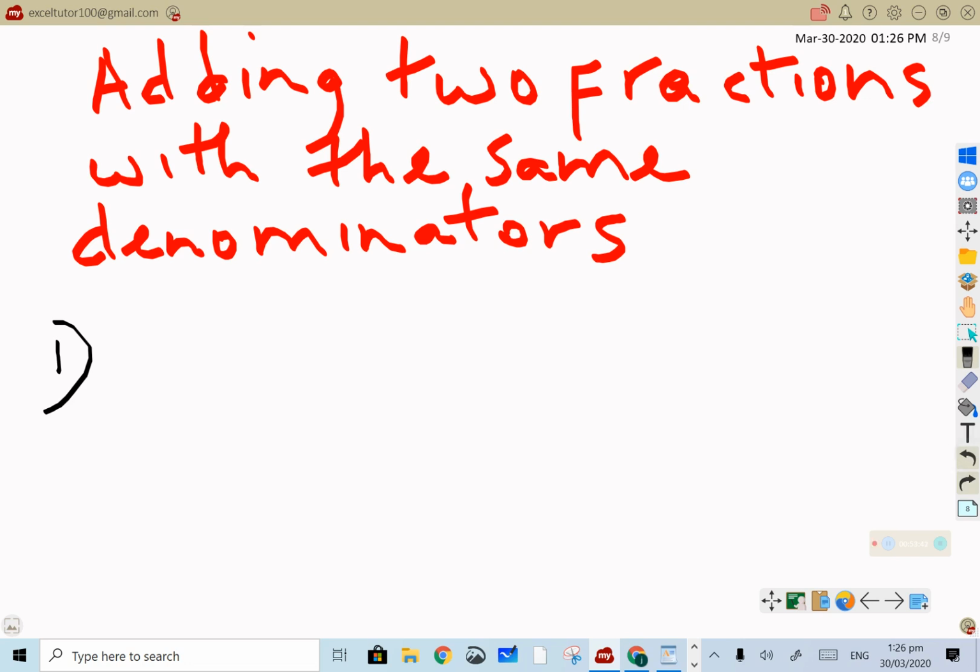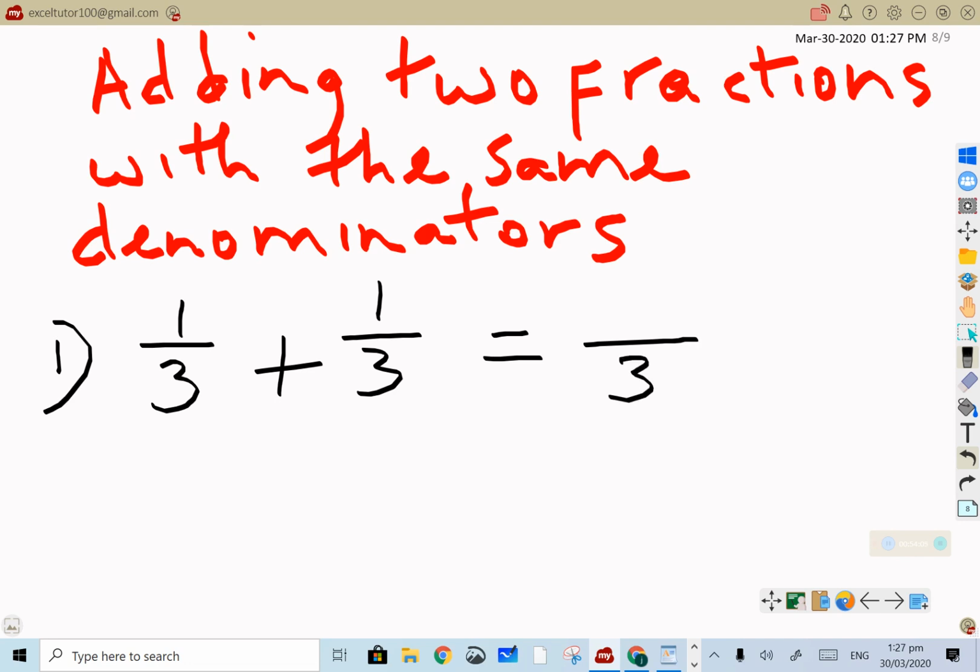If we have 1 over 3, add 1 over 3. What we have to do here is add the numerators and keep the same denominator. So in this case, we keep the same denominator and we add the numerators, which is 1 plus 1 is 2.